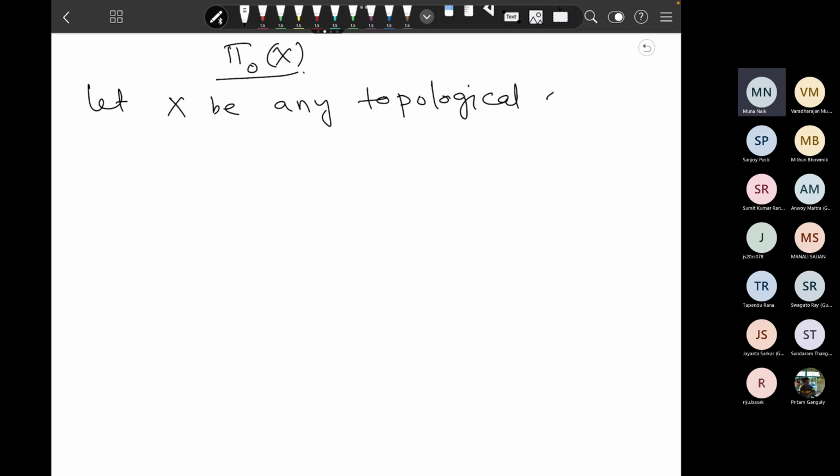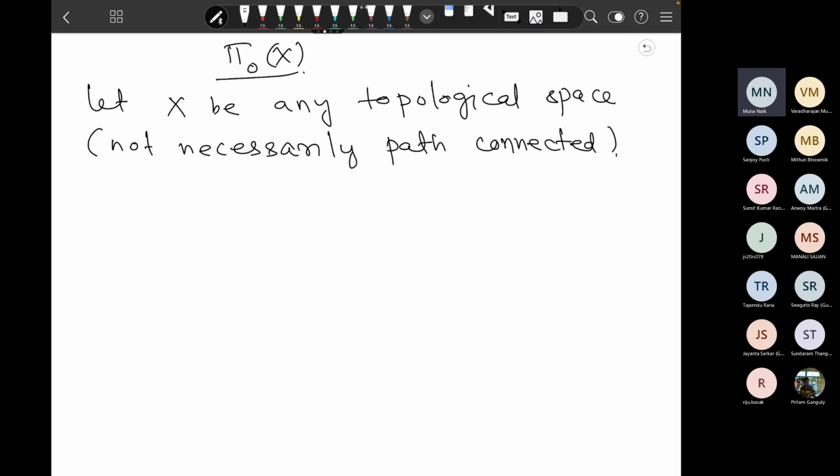X is a topological space and not necessarily path connected. And what is pi naught of X?